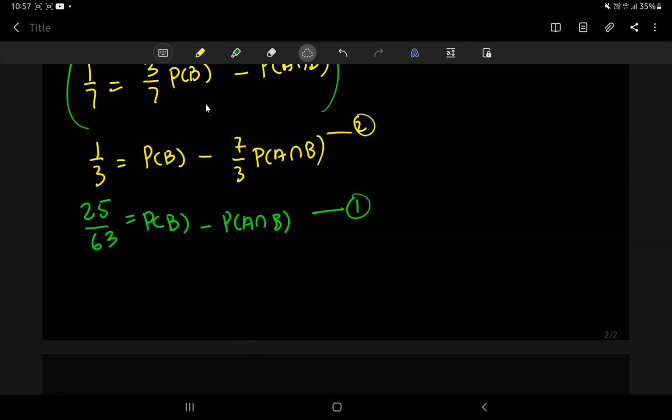I am interested in the intersection between A and B, so I need to eliminate the probability of B, because the question doesn't ask for the probability of B. So let's eliminate the probability of B first by subtracting equation 2 and equation 1.